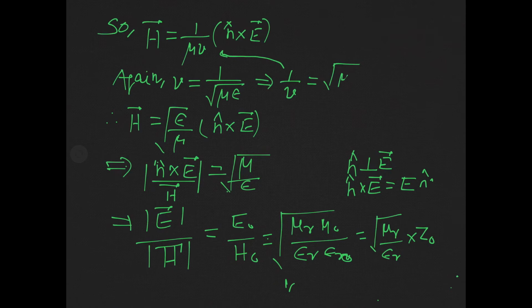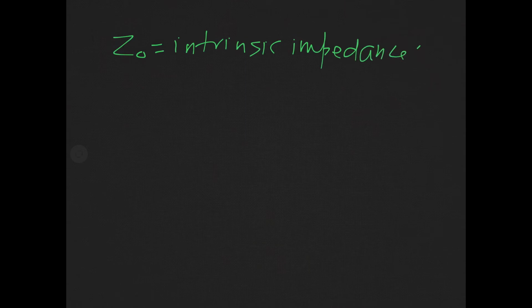So this result can be written as root over mu r by epsilon r into z naught. And here z naught is the intrinsic impedance of free space.